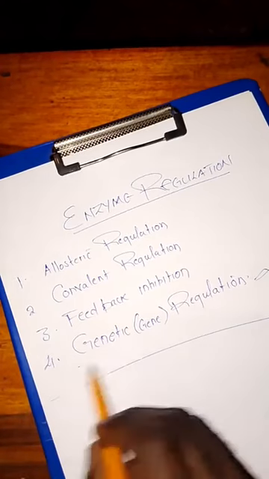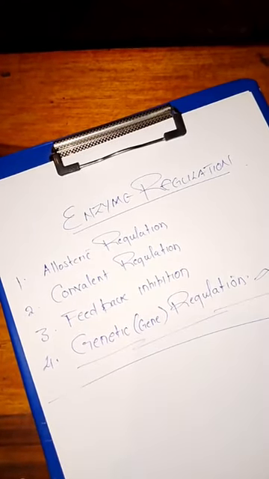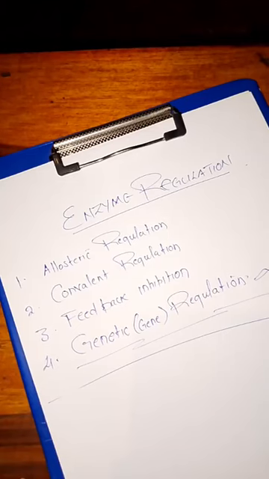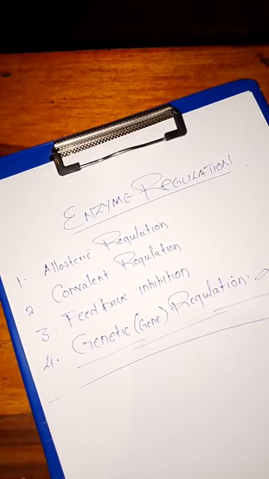Genetic regulation is a type of regulation in which there is control of enzyme synthesis at the gene level. It determines how much of these enzymes are going to be produced and when they should be produced, because the body has a system of making things when they are needed, and if they are not needed, it just shuts down those genes. It just switches them off.